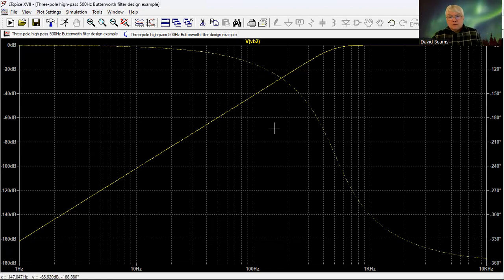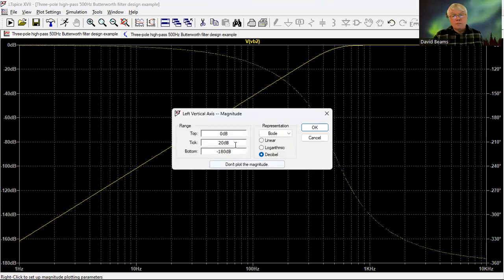It's a little difficult to see with this scaling. Let's see, 200, 300, 400, 500. There's 500. Well, I tell you what, let's expand the scales so we can get a better idea of where it actually crosses -3 decibels.